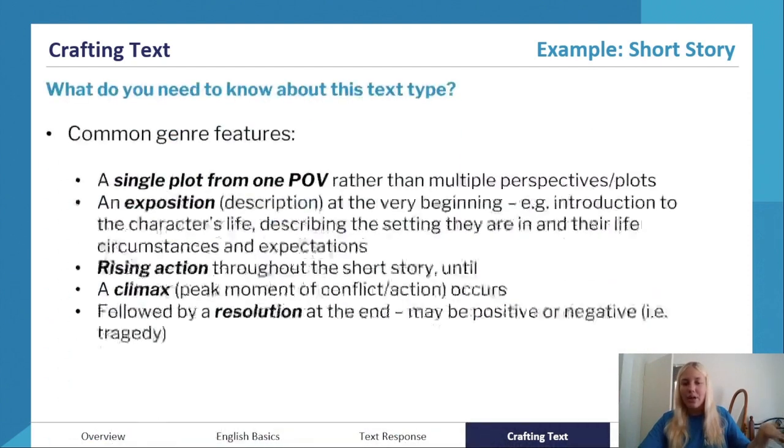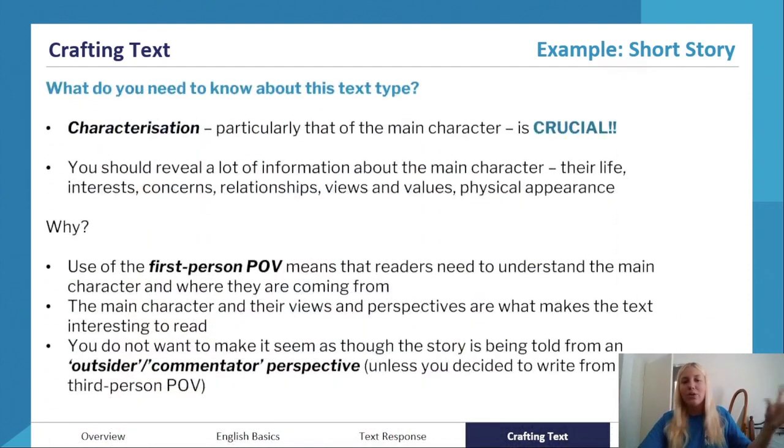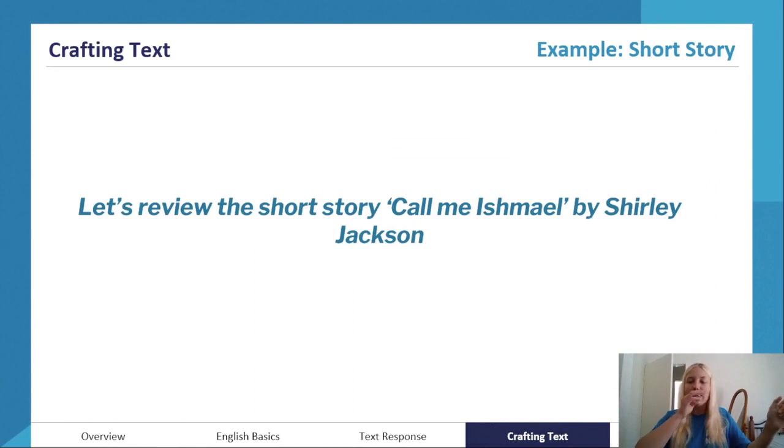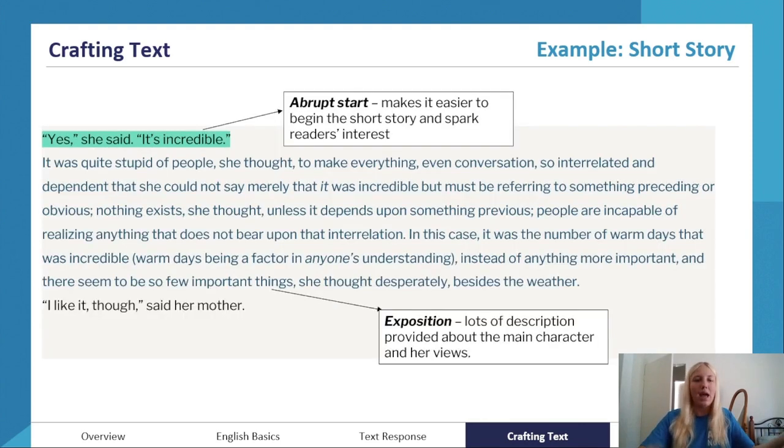So now you familiarize yourself with text type features, you can actually read the short story thinking about if you were the author of your own crafting text piece, you took inspiration from this, how could you write your piece while adhering to the genre conventions of a short story as well, and while adequately incorporating your framework. So this is just an example of how you may closely analyze a mentor text, okay?